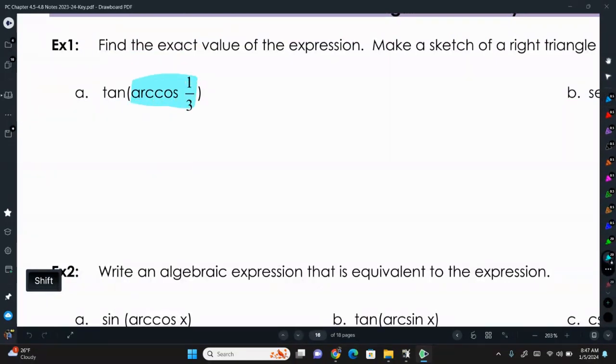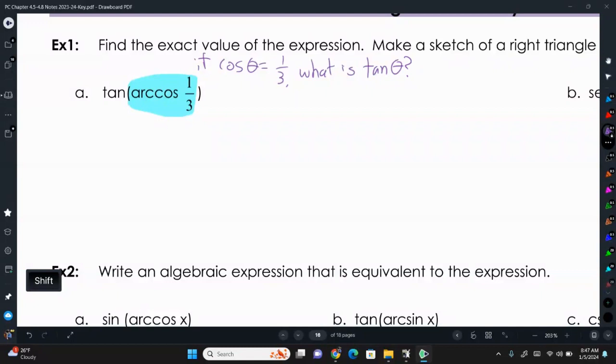Right here, if I'm asking you for the tangent of the arc cosine of 1/3, what this is really telling us is that if cosine of theta is 1/3, what is tangent of theta?